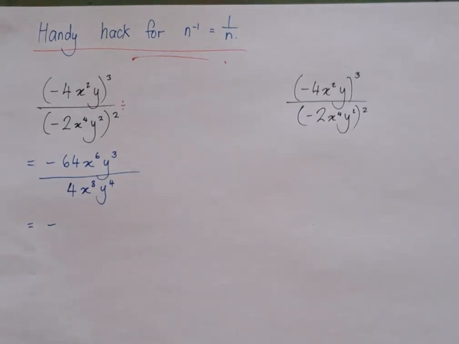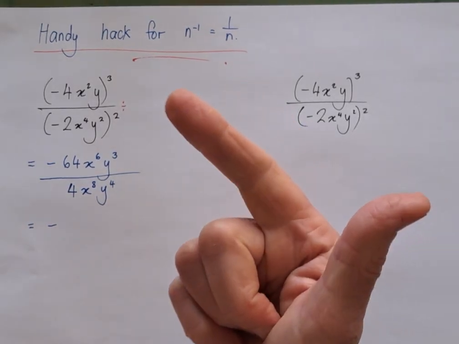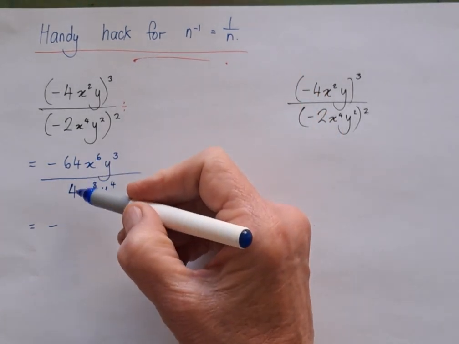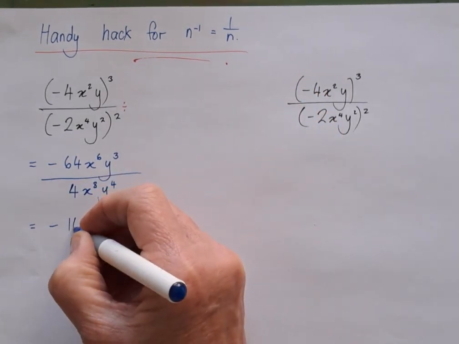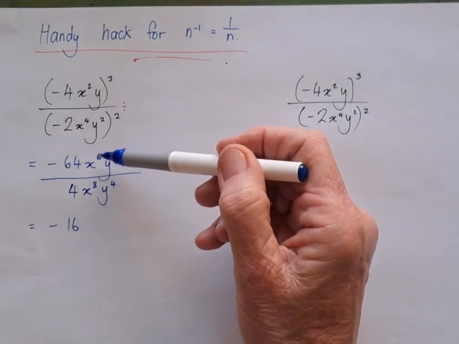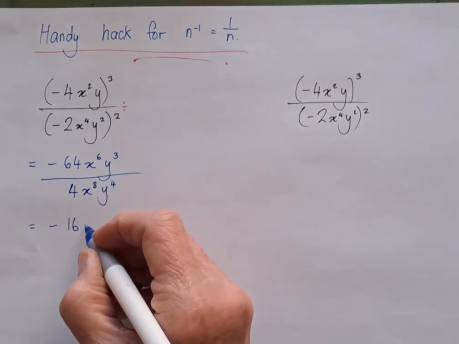4 can go into 64. And if you remember how to work out 4 cubed, you'll be very aware that 4 times 4 is 16, and 16 times 4 is 64. So therefore 64 divided by 4 is 16. Now we're getting to the part where we are going to be dividing powers, and we're looking for ones that have got the same base.